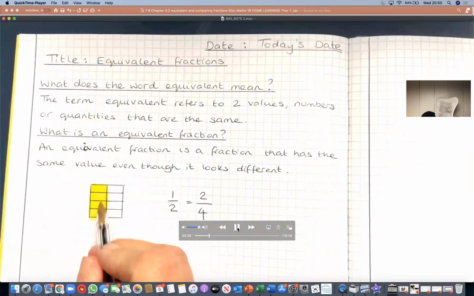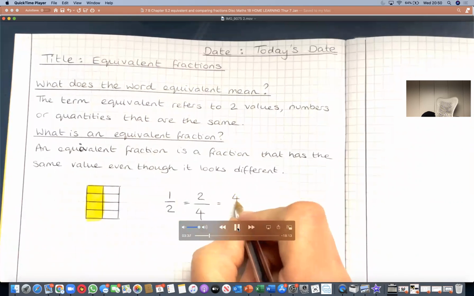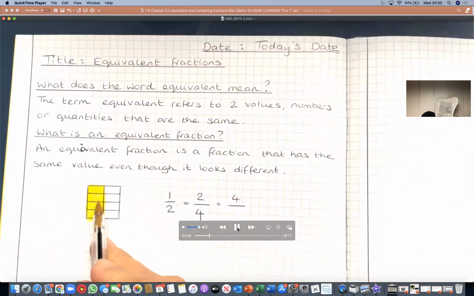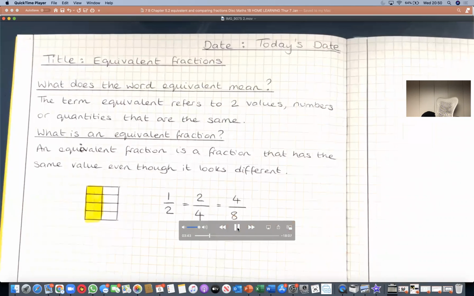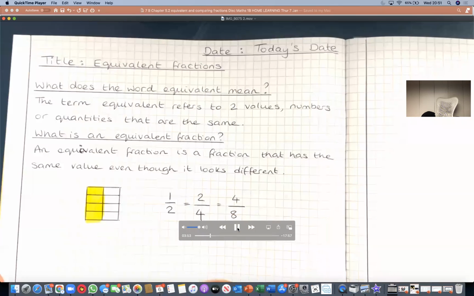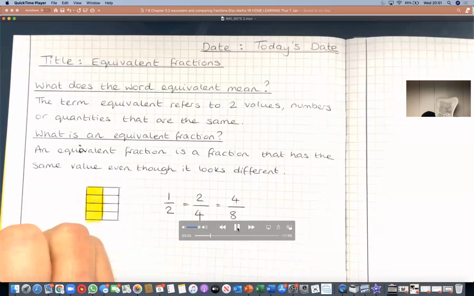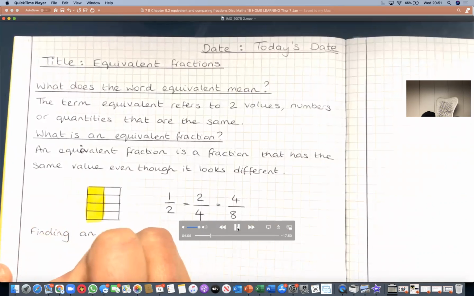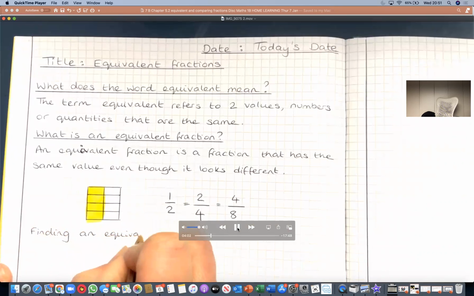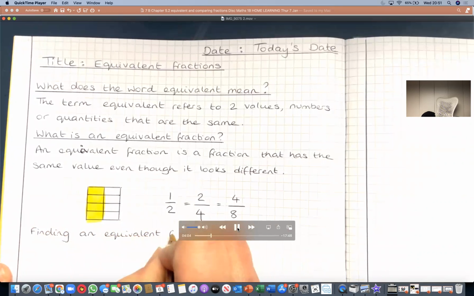I now have 4 shaded parts out of 1, 2, 3, 4, 5, 6, 7, 8 equal parts in total. Okay, so that's what an equivalent fraction is. How do we find them? So next subheading, finding an equivalent fraction.